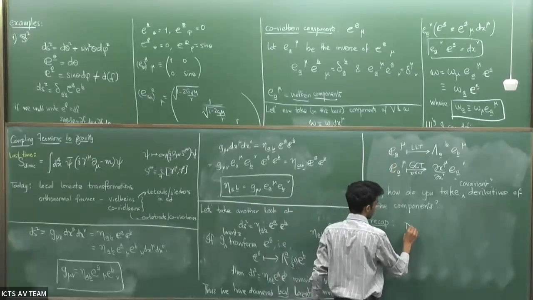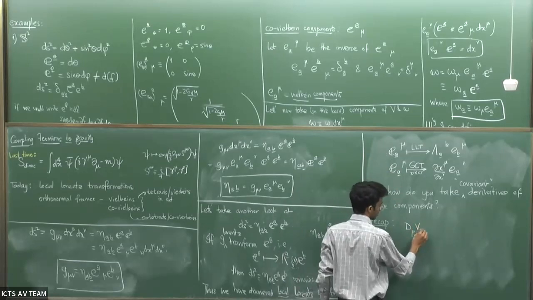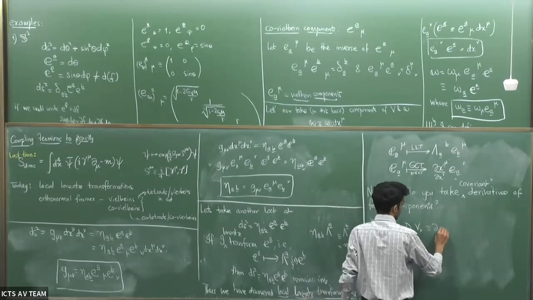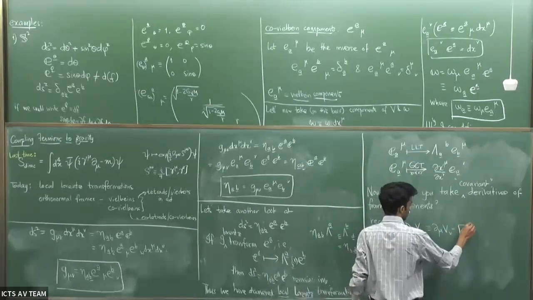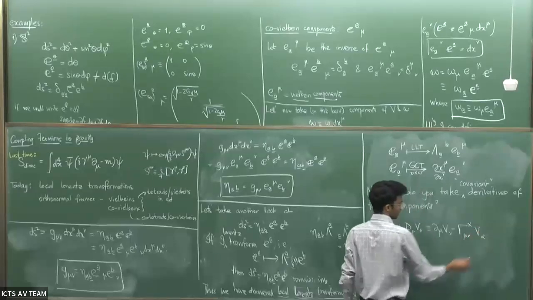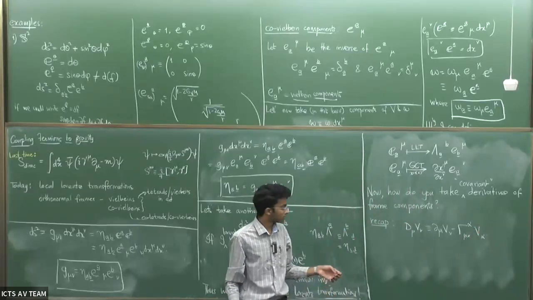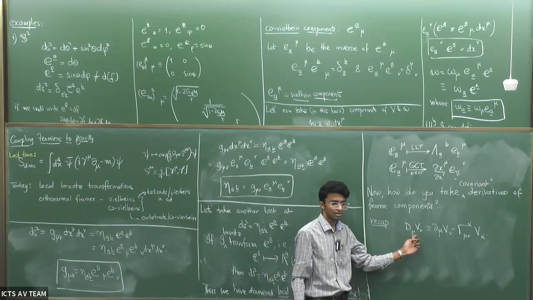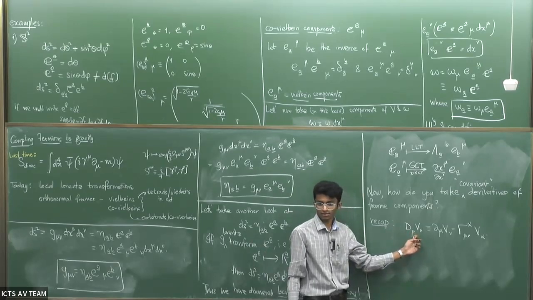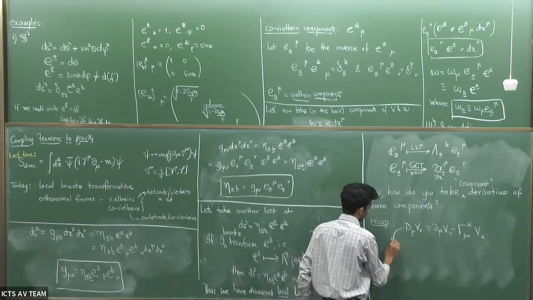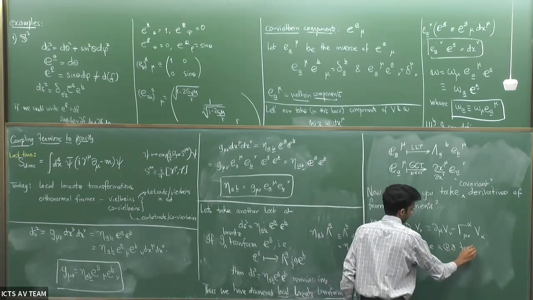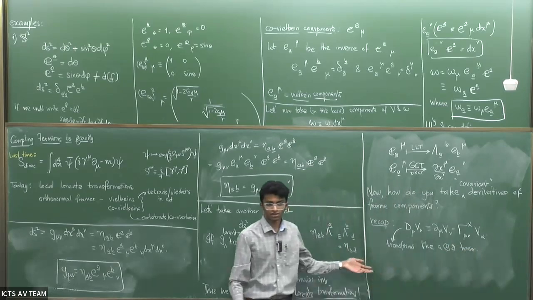How did we define a covariant derivative? Let's say I wanted to define it for a form, for a covariant vector. We just defined it as some del_mu minus Gamma^alpha_mu, and we defined it in such a way that this under a coordinate transformation transforms like a (0,2) tensor. And that's how you defined a covariant derivative.